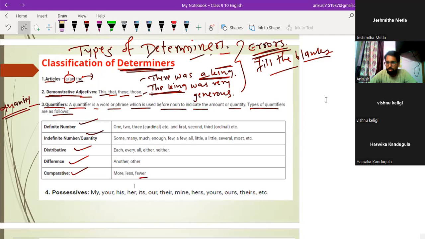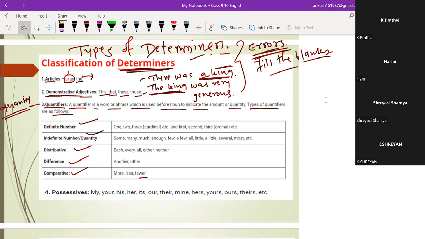Vishnu, Yes, sir. I'm there, sir. Yes, sir. Yes, sir. Vishnu Keligi is something there. Okay. Is someone there? Vishnu Kelly is not responding there. Parthvi, Arini, Yes, sir. Parthvi, It's Prithvi, sir. sorry, Prithvi. Okay. No, I read it wrong.